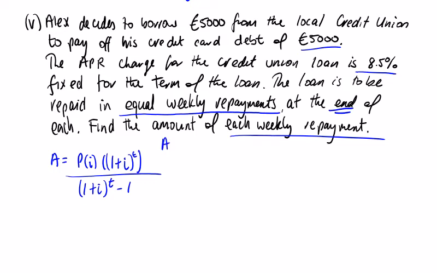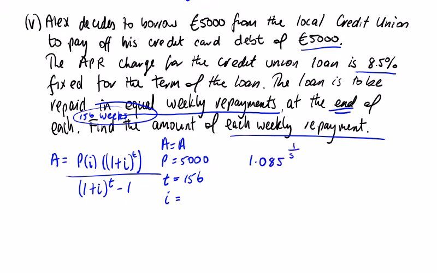So we need A. P is equal to 5,000. T is equal to, what are we looking at? 3 years. Did I write the years in? I left it out. 156 weeks. T is 156. And I is equal to 8.5%, 1.085 to the power of 1 over 52.